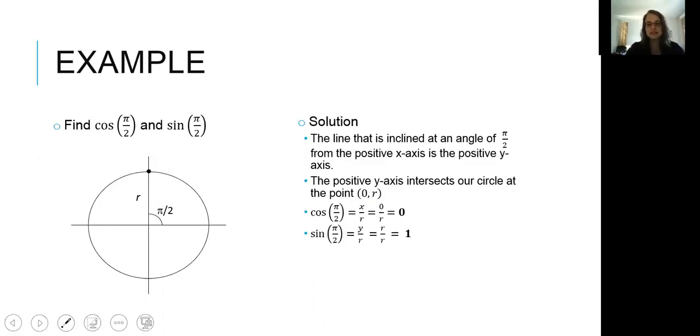So the cosine of the angle pi over 2 is 0 over r, or 0. The sine of that angle pi over 2 is y over r, which means it's 1, because r divided by itself is 1. So the sine of the angle pi over 2 is 1, and the cosine of the angle pi over 2 is 0.